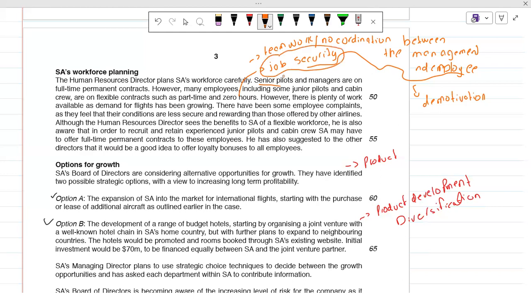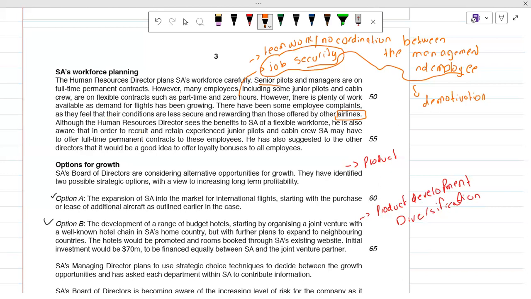Also, they are complaining that the wages they are receiving from SA are very much less, because other airlines are giving a higher amount of salary or wages to their employees, if we compare SA airlines with other airlines.